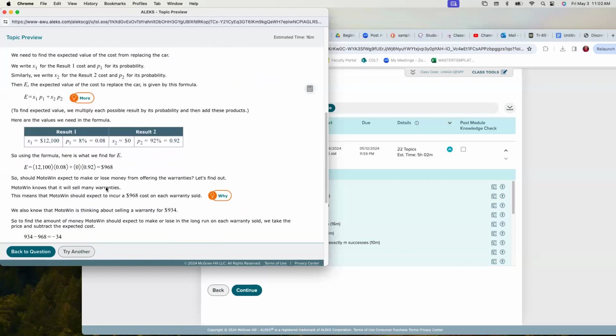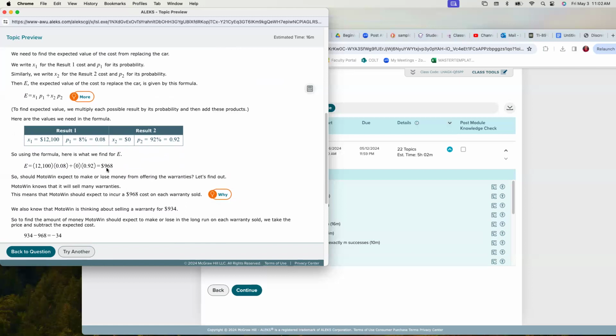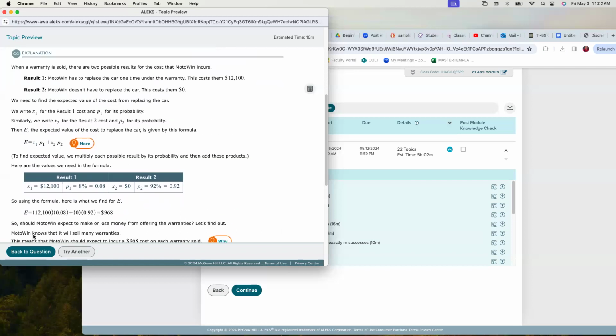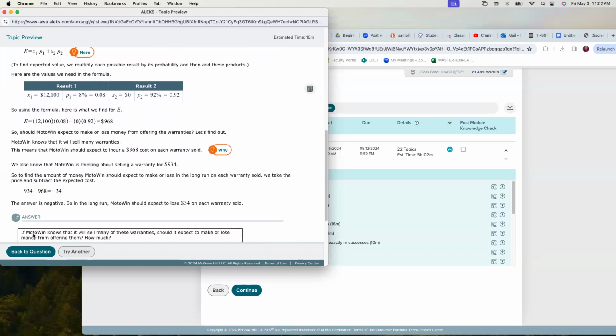So using this formula, they would expect to make or lose money from the warranties. They're going to expect to pay $968 out. Well, if they're bringing in $934, and that's where that other dollar figure comes in, and they expect to pay this much out on average, then they're going to be losing $34 on each of those warranties.